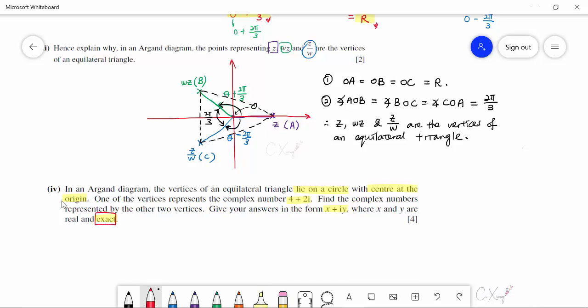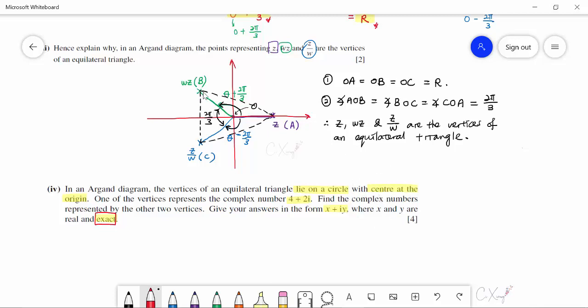All right, so now we need to try to link part number 4 with part number 3. You can see that just now they already told you that we have an equilateral triangle in part number 3, and this triangle lies on a circle, and the O is the center.